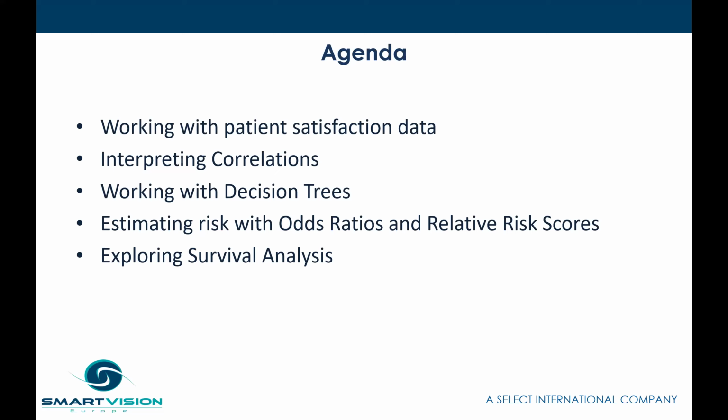So, for example, we've got a section on estimating odds ratios and relative risk scores. Odds ratios are used a lot within certainly healthcare analysis, and you'll see them mentioned a lot in reports and papers. And they're not always that straightforward for people to get their heads around.